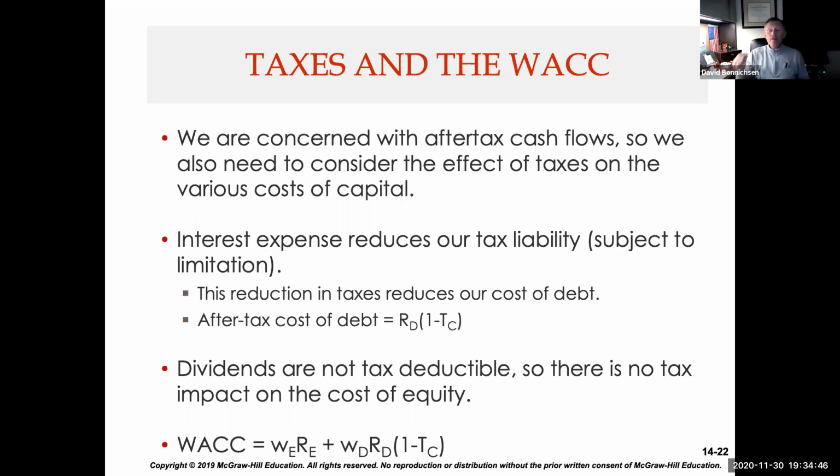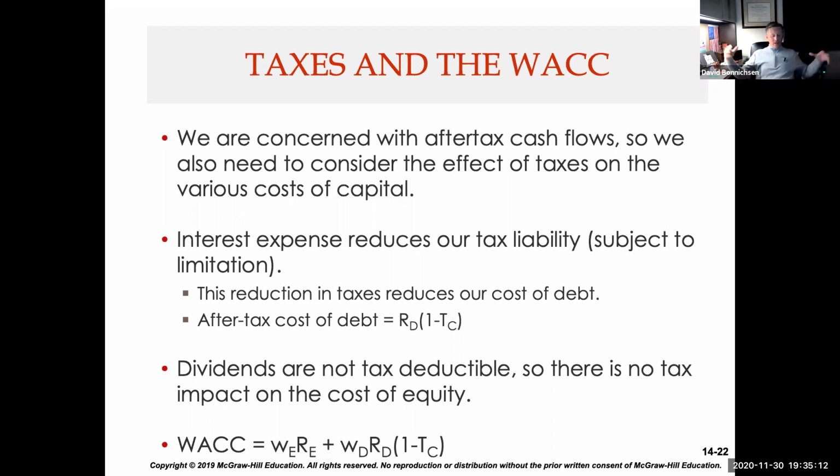So therefore, our after-tax cost of debt is the expected return on our debt multiplied by 1 minus our tax rate. And since dividends are not tax deductible, there's no impact to the equity side of the weighted average cost of capital calculation.